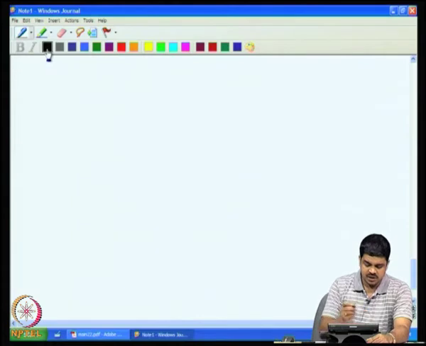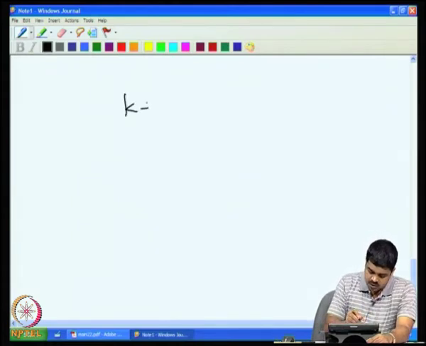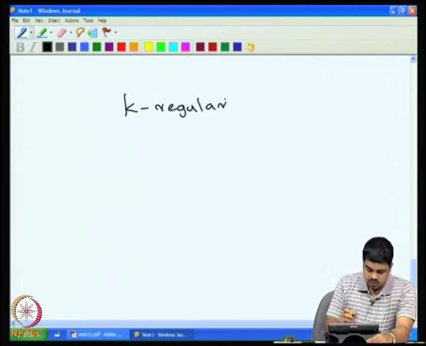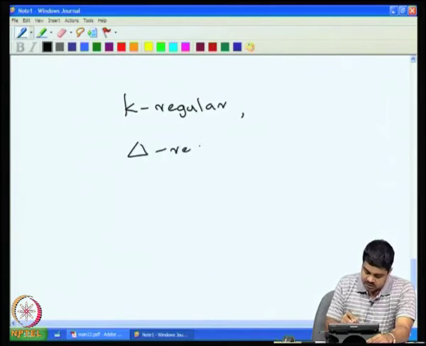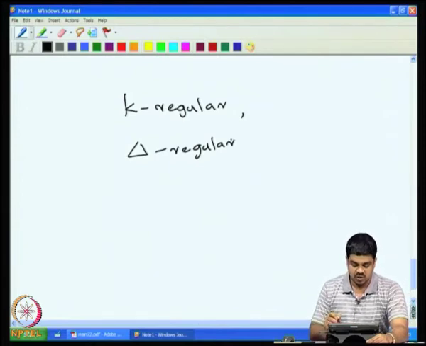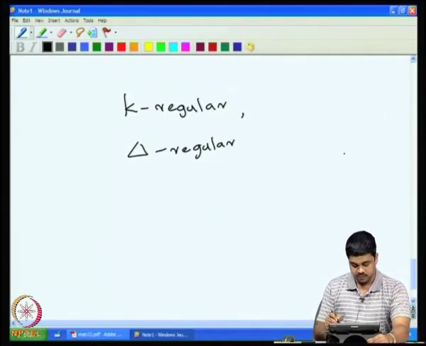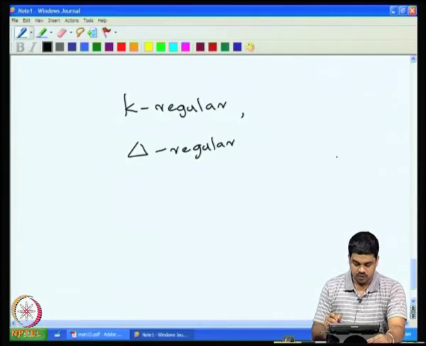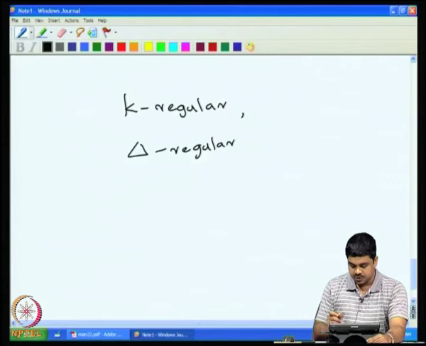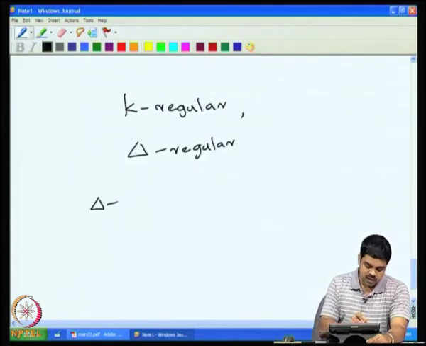So, in particular, we can show that if a graph is k regular, let us say delta regular, because the maximum degree is the same as the degree of all vertices, therefore we can say delta regular. Now, we will show that delta plus 1 colors are required.